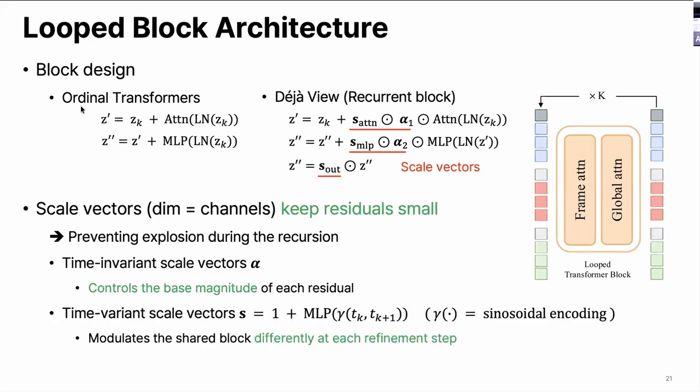The second is time variant scale vectors. These are generated from the time interval tk and tk plus 1. So they modulate the shared block differently at each refinement step. Actually, you can think of these time variant scale vectors like learned embeddings, which are generated from the MLP in here. And in short, the scale vectors let the model reuse one block while still making each iteration behave differently and safely.